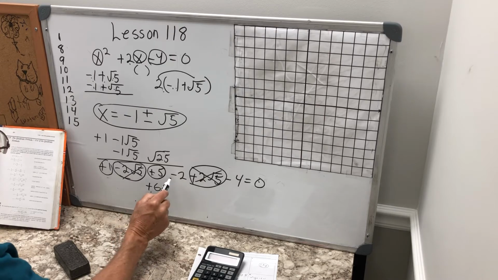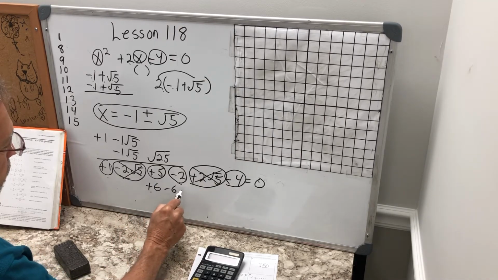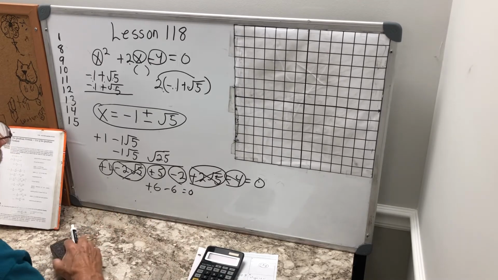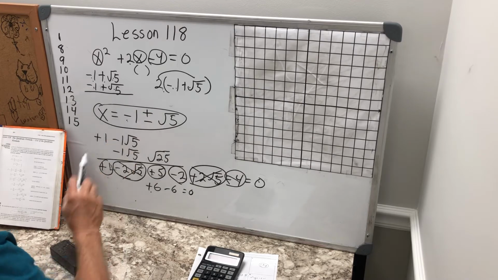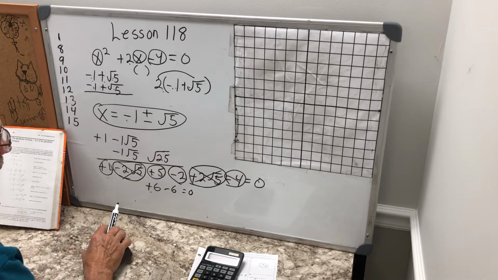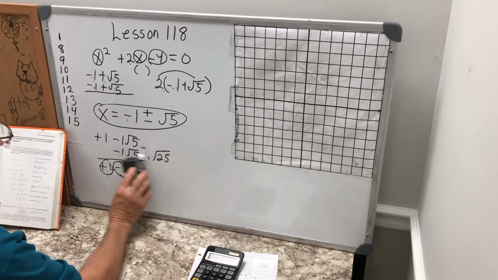Is that correct? And a negative 2 and a negative 4 is a negative 6, which equals 0. All of this together equals 0. Bingo! This was the right answer. That's what we're doing. This is a complicated lesson. Please take your time and get it well.